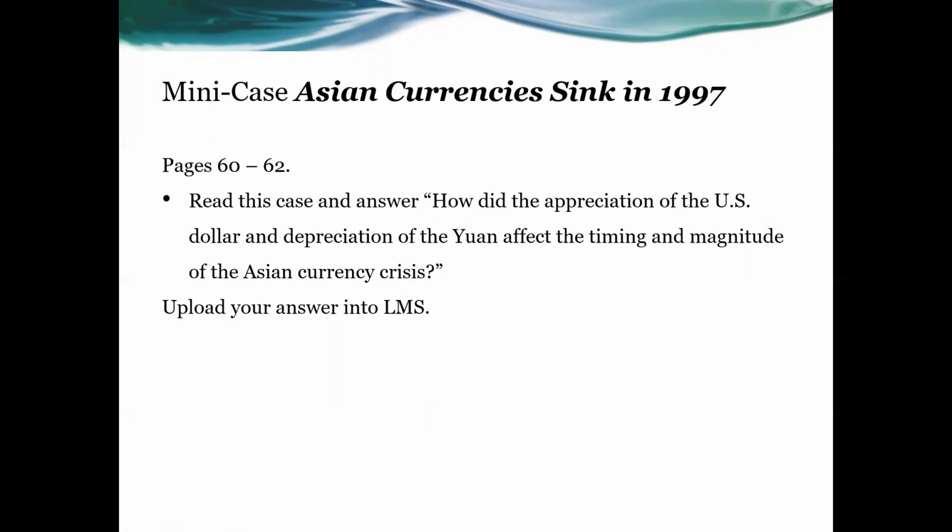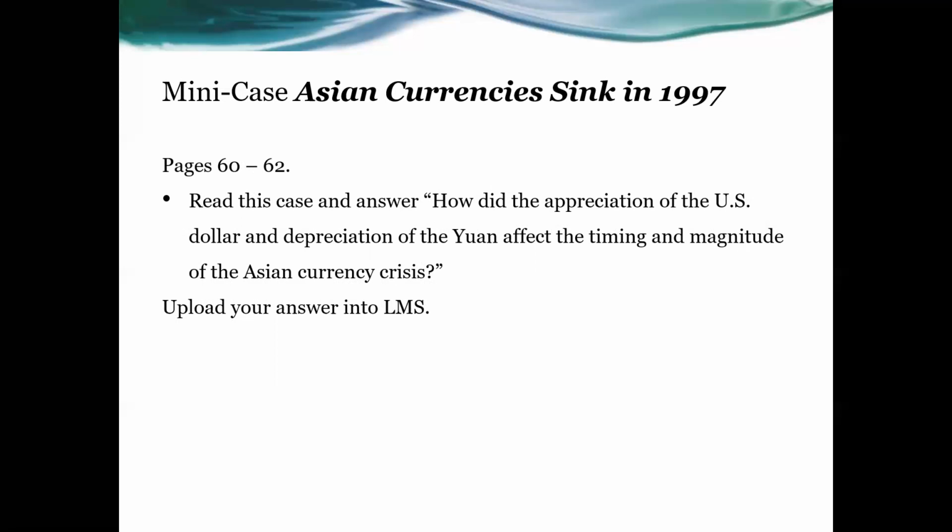Okay. Read this case called Asian currency crisis in 1997, right? Read this mini case. It appears on pages 60 to 62. And find out how the appreciation of the US dollar and depreciation of the yuan affected the timing and magnitude of the Asian currency crisis.